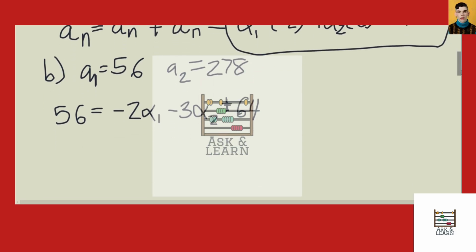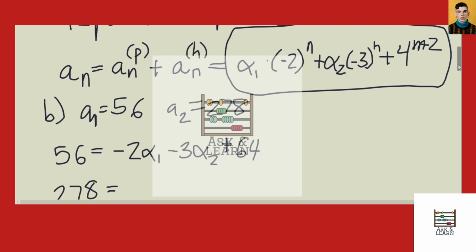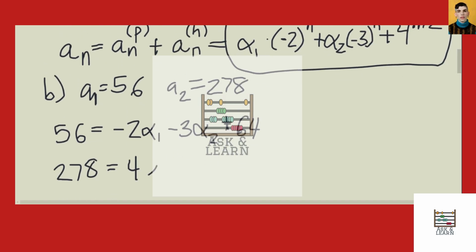And since a2 is 278, we have 278 equal to (-2) squared, which is 4 alpha 1, plus 9 alpha 2 plus 4 to the fourth power.